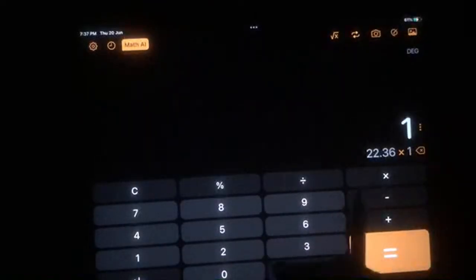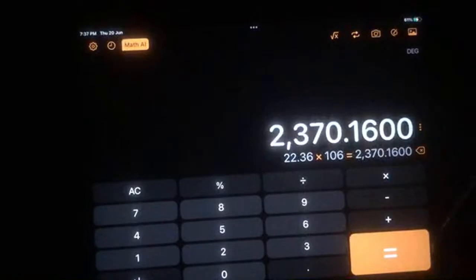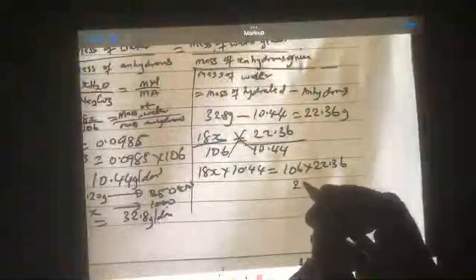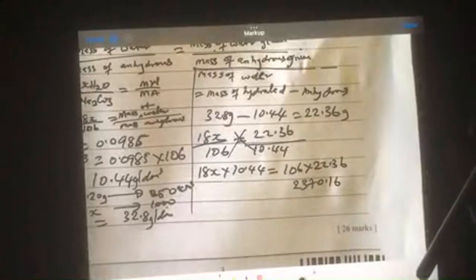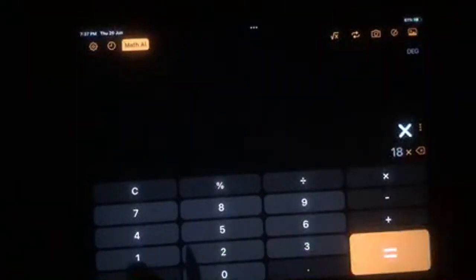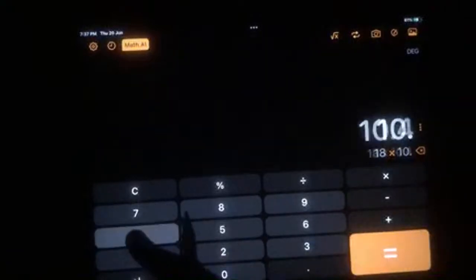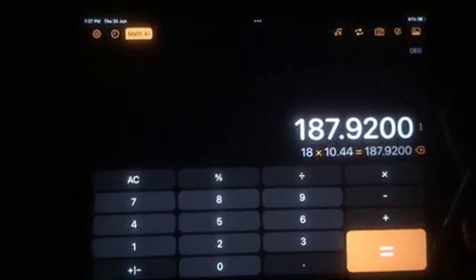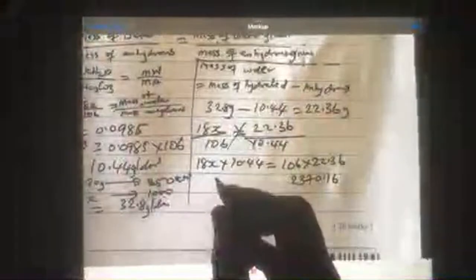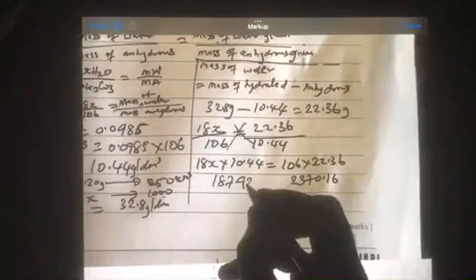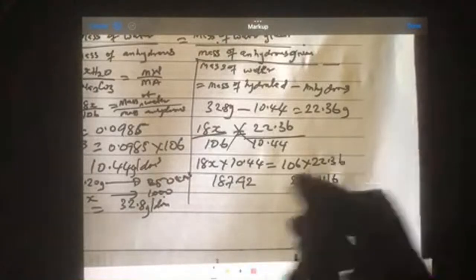106 times 22.36 gives us 2370.16, while 18 times 10.44 is 187.92, if I'm correct, times x.